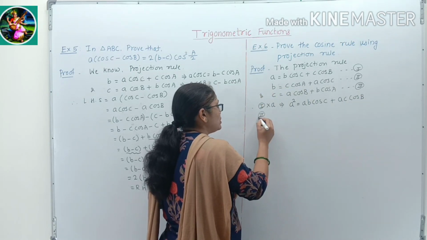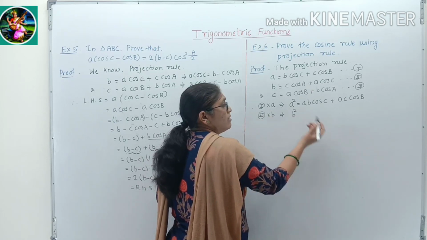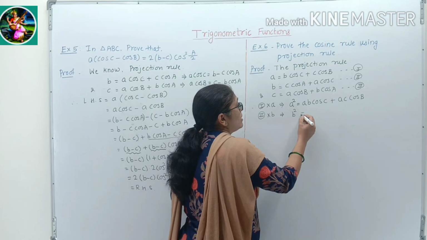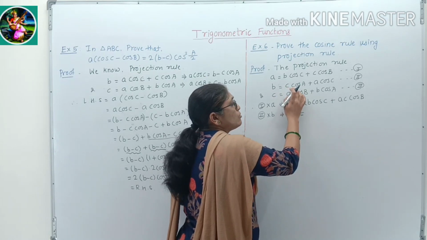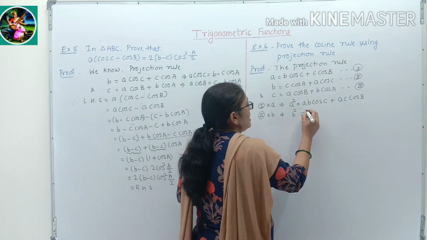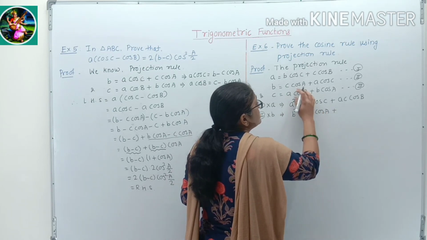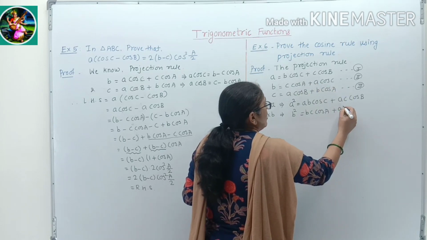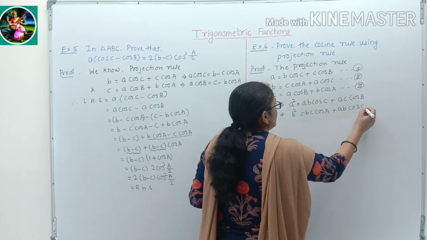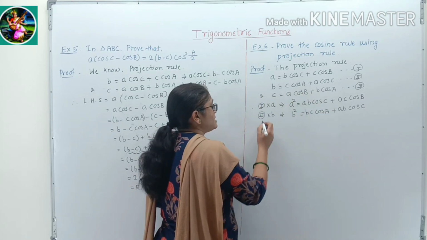That gives b² equal to, we multiply b to each term of the right hand side, that is bc cos A plus ab cos C. And multiply the third equation by c.